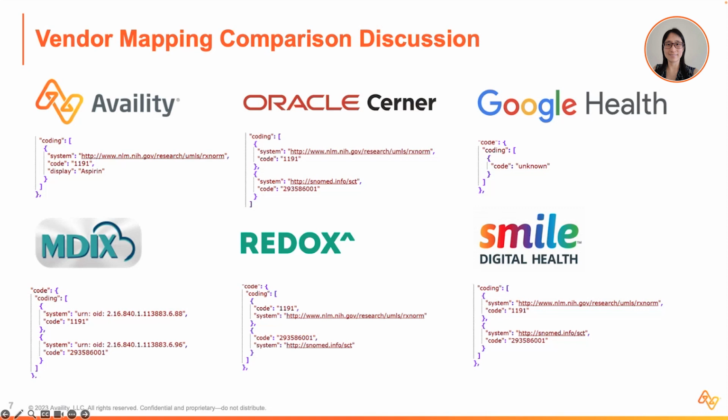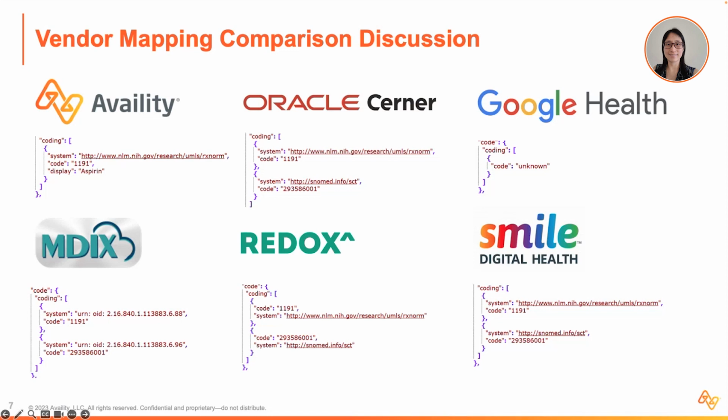The second thing we agreed on is that Google is actually mapping that code, but not to this coding array. They're mapping it somewhere else. We said you can map it to these other places, but this is the coding for the allergy intolerance resource, so this is where you should put your allergen information.